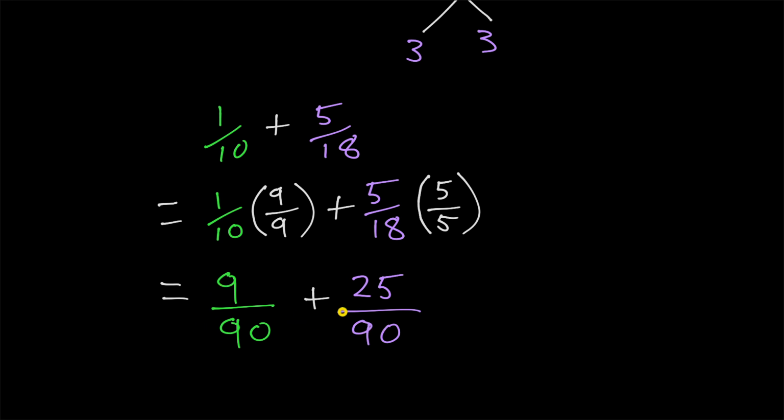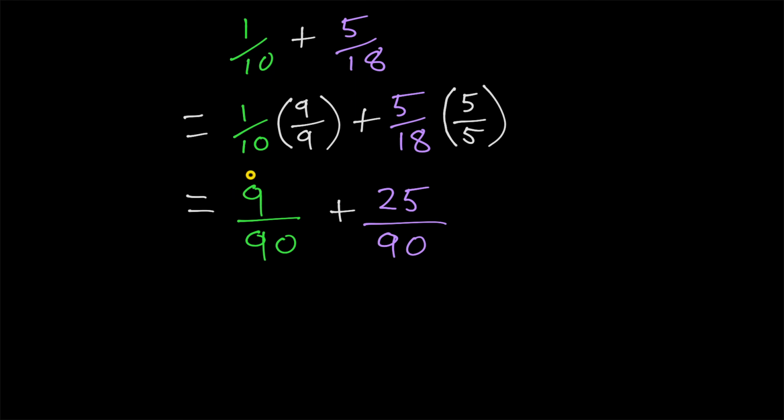Whenever you have two fractions that are being added or subtracted and they have the same denominator, you can just add the numerators together. So basically, this is equivalent to having 9 plus 25 over 90. You can put them both under the same denominator and keep the addition or subtraction sign in the numerator, as we've done here.